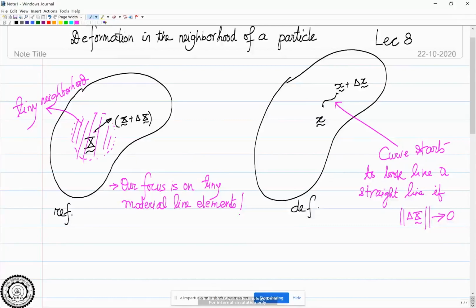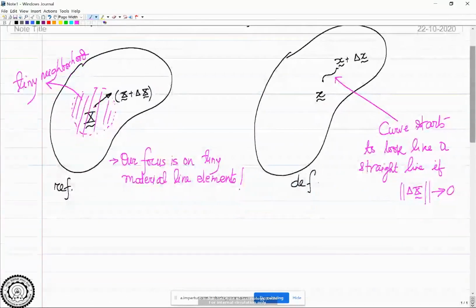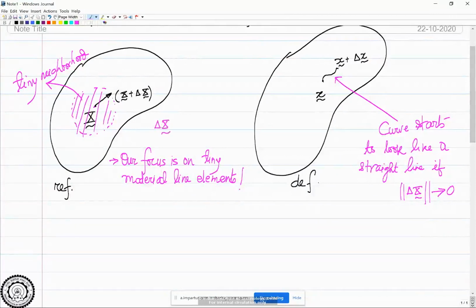So when we said I want to relate this line element delta capital X to delta small x, how can I relate this? We know the deformation is given by this deformation map, small f, right?